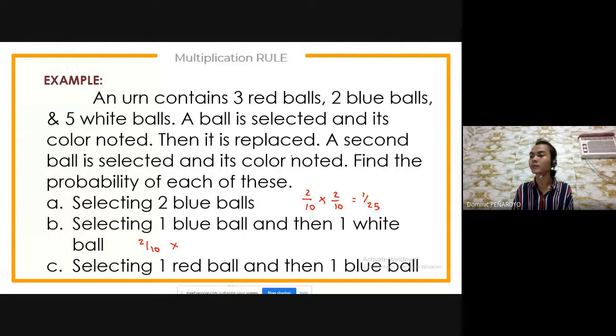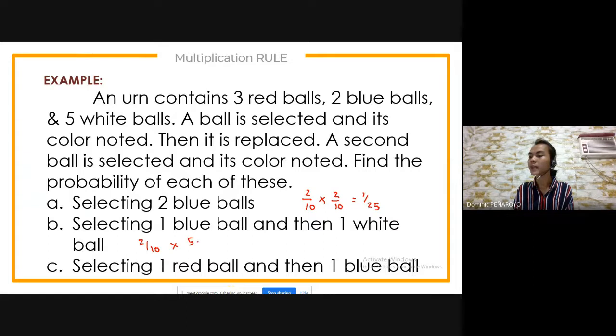It was just returned, so the second trial, getting 1 white ball, will not be affected. How many white balls do we have? 5. So the probability of getting a white ball on the second draw is 5 over 10.